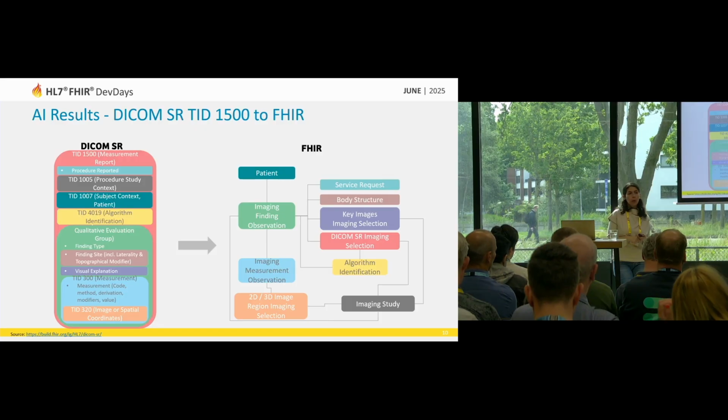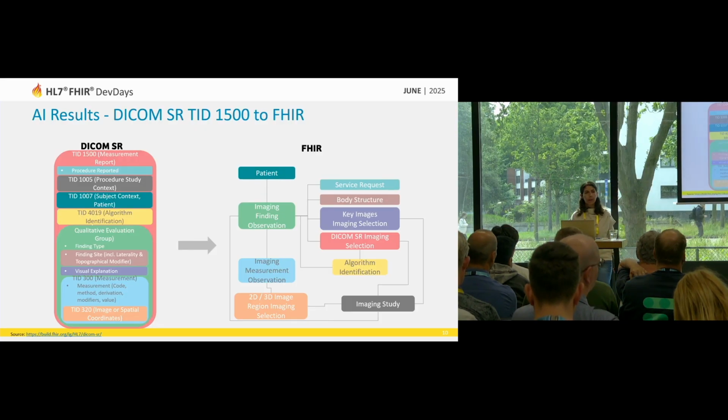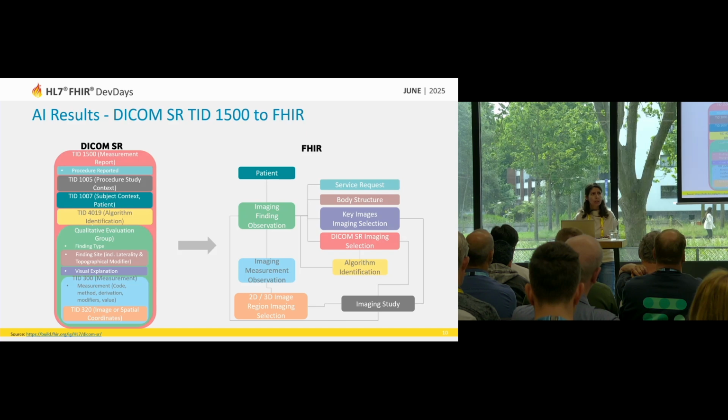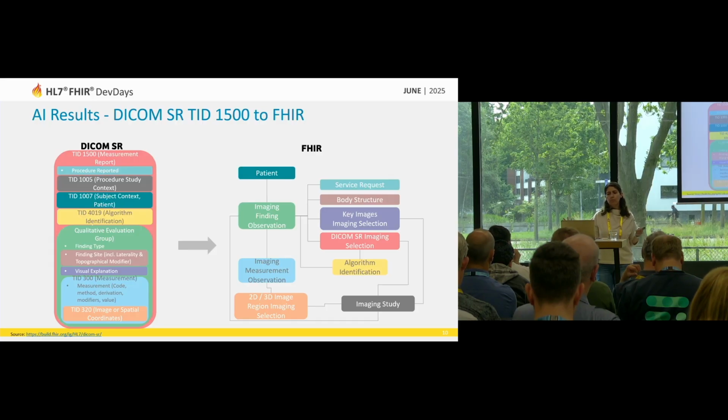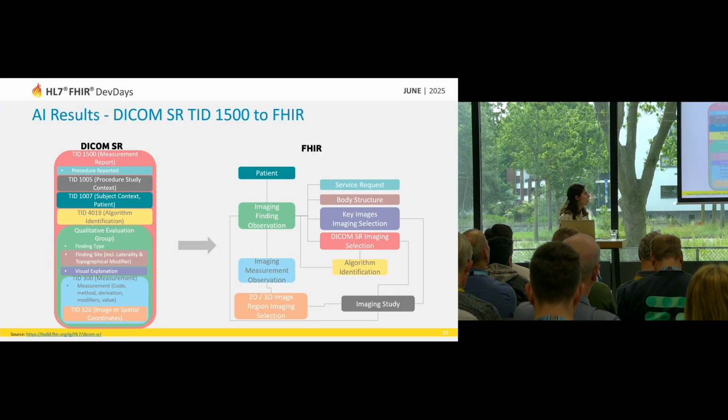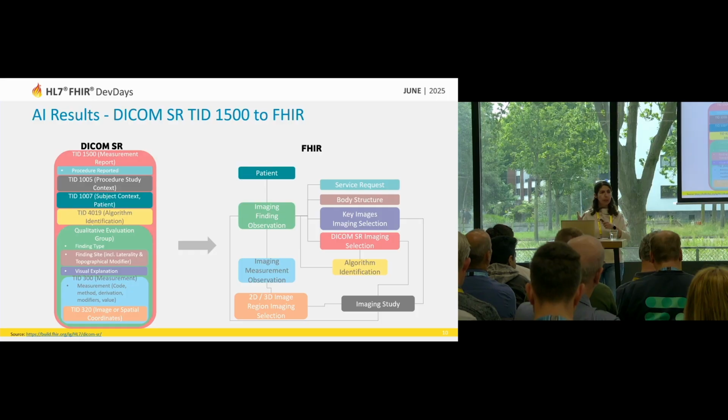And when we want to bring these values outside of the DICOM world, there is an official implementation guide. It was balloted, I think, probably January this year, and still it hasn't been released. So if you still want to provide comments, you are always allowed to do that. And this is going on the same approach that I told you. So have these has-member observations, and then you are able to transmit this information.